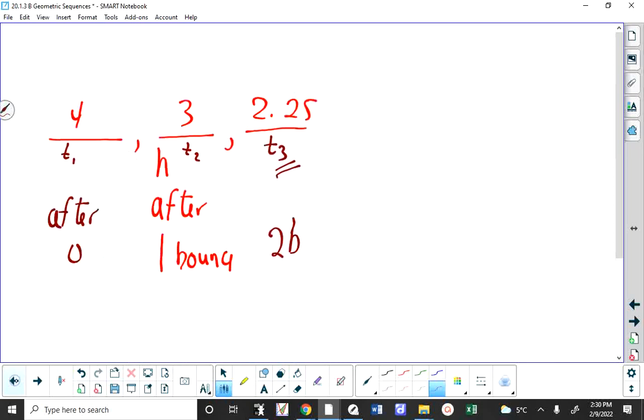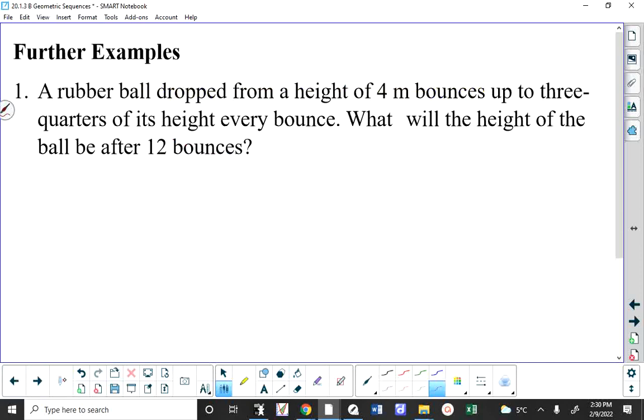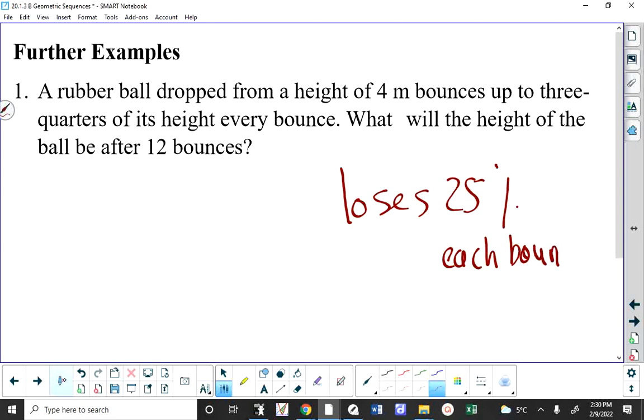For example, with the very first question in the bouncing ball, I could have said it loses 25% each bounce. Sorry, I forgot one other little explanation, but I'm going to include it now. So if you go from 100% and you lose 25, this is an important idea for Math 30.